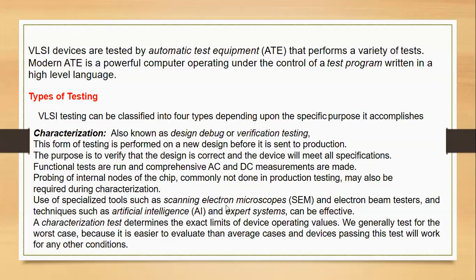Use of specialized tools such as the scanning electron microscope (SEM) or electron beam testers, and techniques such as artificial intelligence and expert systems, can be effective. So specialized tools can be used over there.